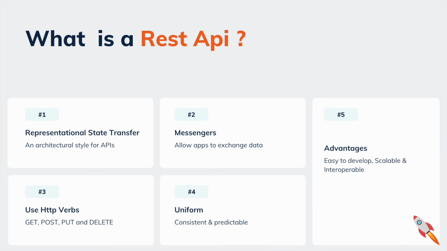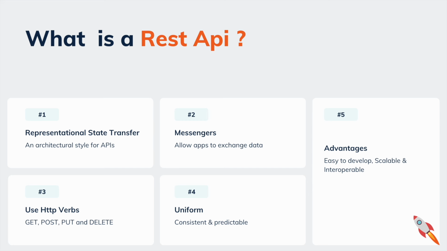So in today's world, applications often need to communicate with each other and share data. This is where APIs, or application programming interfaces, come in. They're like tools that act as messengers, allowing different software components to exchange data and functionality.